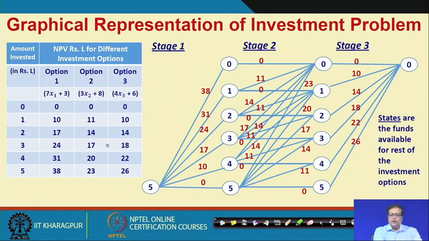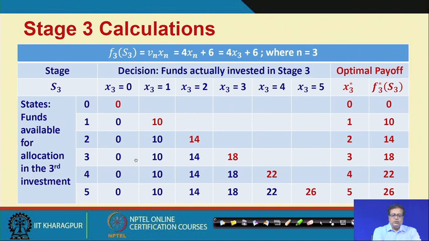Look here, these are the option 3 values 0, 10, 14, 18, 22 and 26. Now, if we invest nothing, then irrespective of whatever fund was available, you should get 0. That is the first column.